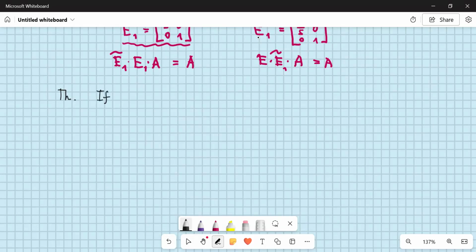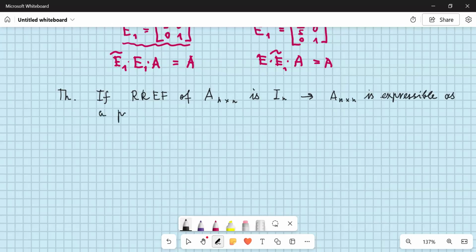If the reduced row echelon form of a square matrix A is IN, we're going to consider special square matrices, then A_N is expressible as a product of elementary matrices.